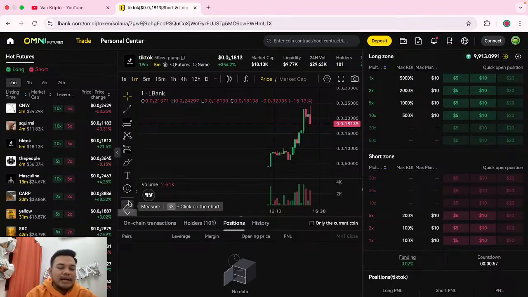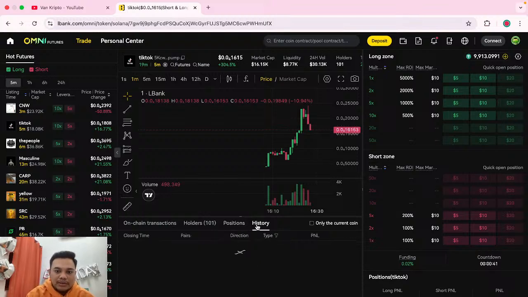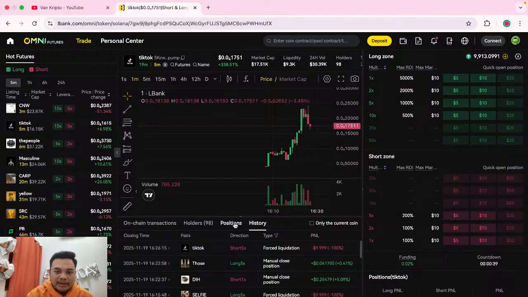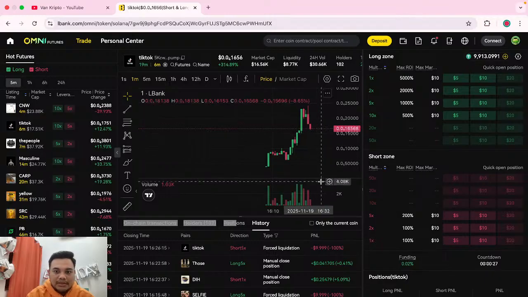So that's why it becomes hype, and thanks to our LP, which is a liquidity provider, to allow us to trade this meme coin in here. Okay, so just now the TikTok was forced liquidated immediately, and I was shorting it, and it's currently shorting it more.